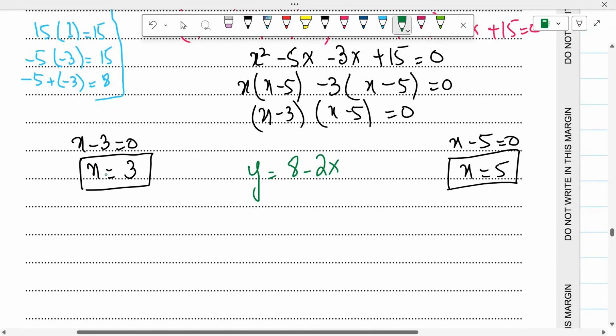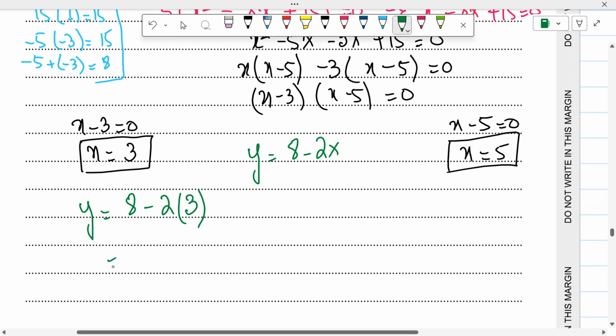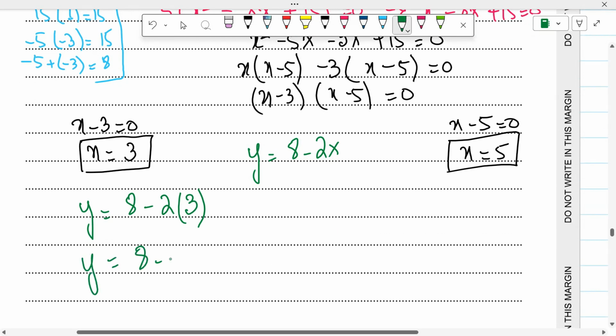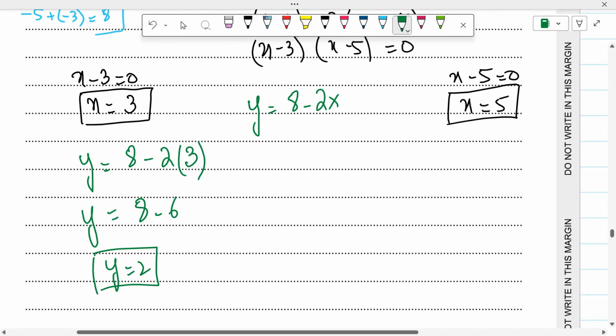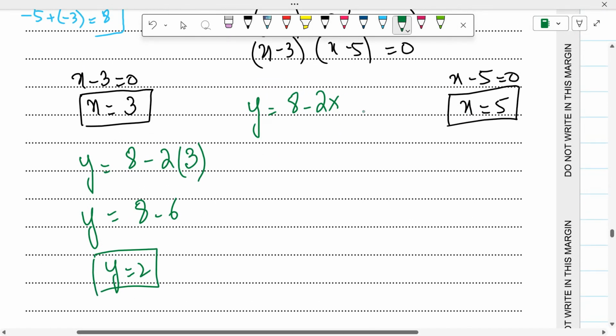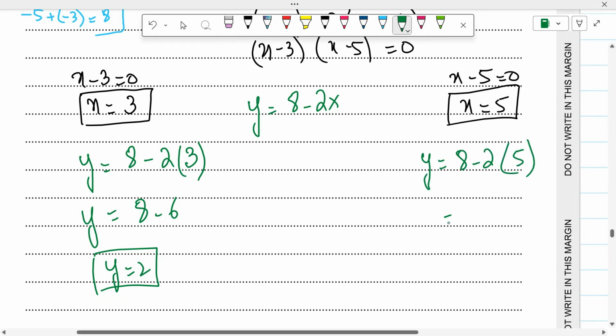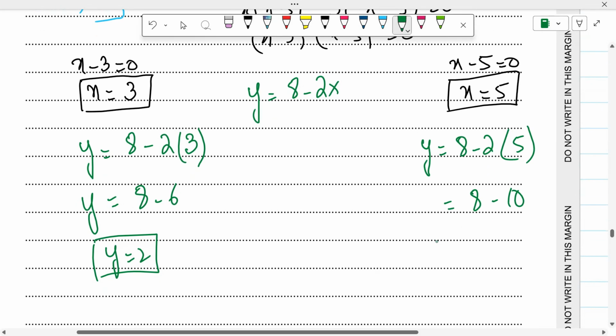When x is 3, y = 8 − 2(3) = 8 − 6, so y is 2. For the other x coordinate, y = 8 − 2(5) = 8 − 10, so y is negative 2.